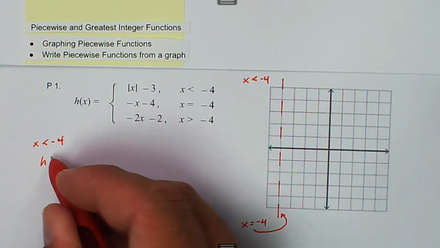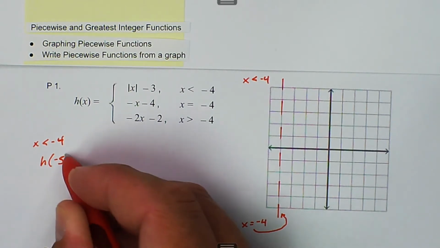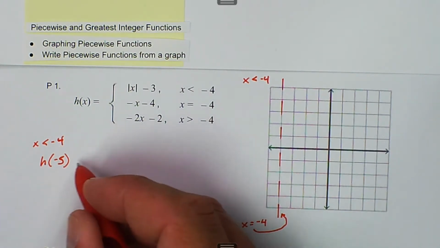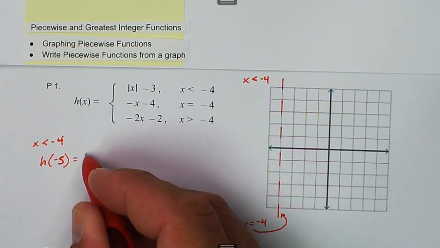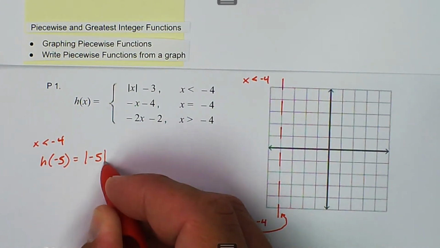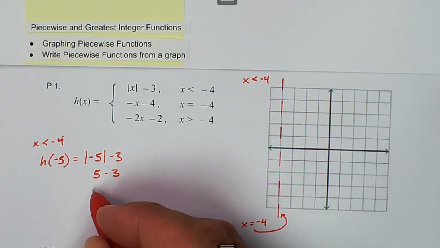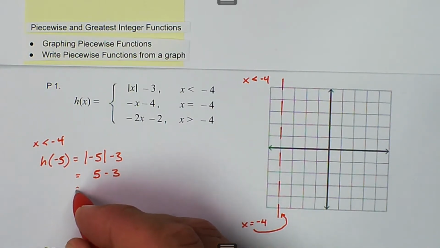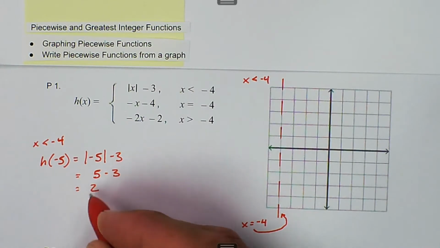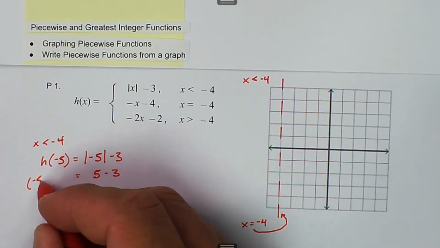So we'll evaluate h of -5 because that is less than -4. And we'll say that's equal to the absolute value of -5 minus 3. So then we have 5 minus 3. And so that is going to be equal to 5 minus 3 is 2. So we have the ordered pair -5, 2.